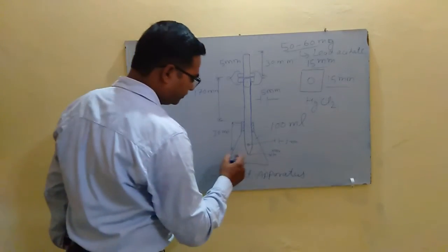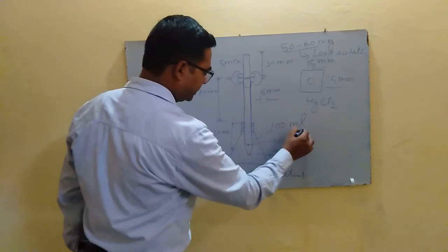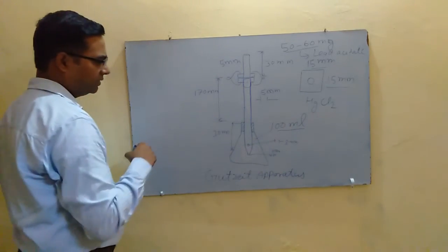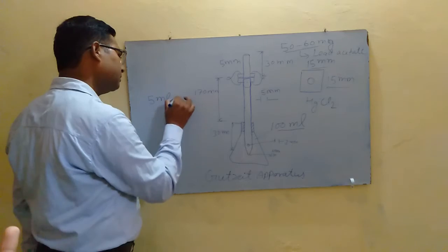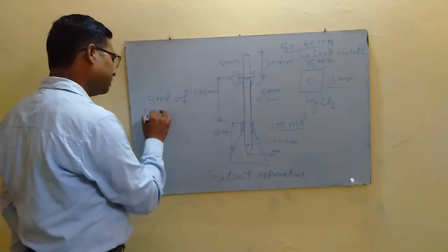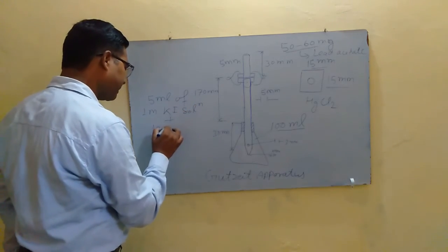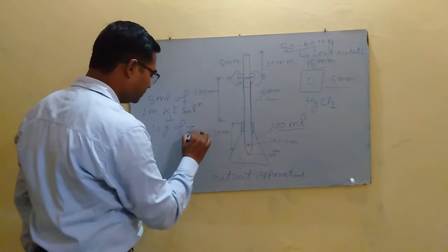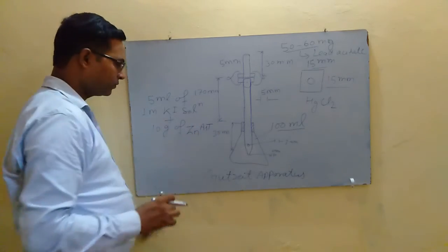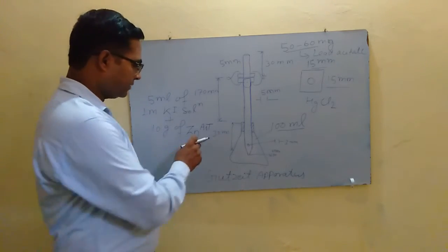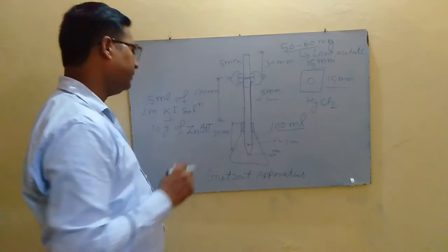This conical flask is of 100 ml capacity. In this conical flask, we have to add 5 ml of 1 molar potassium iodide solution and 10 gram of zinc AST. AST means zinc which is free of any trace of arsenic.